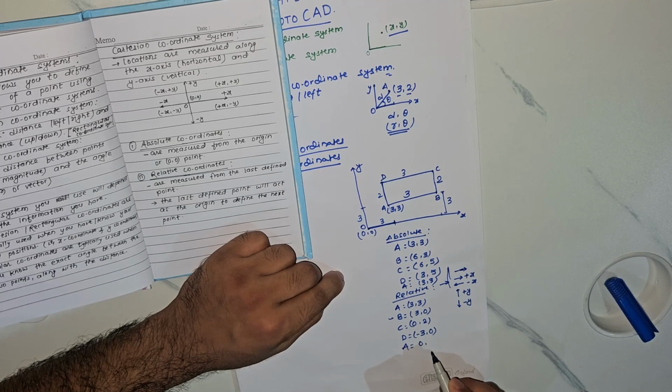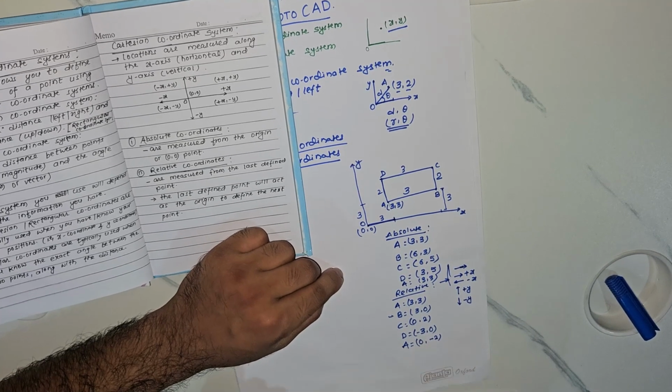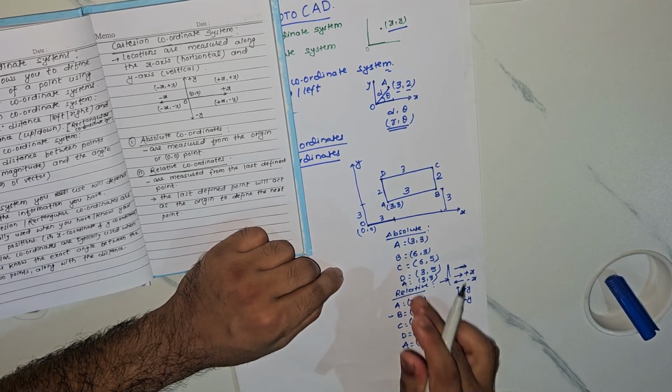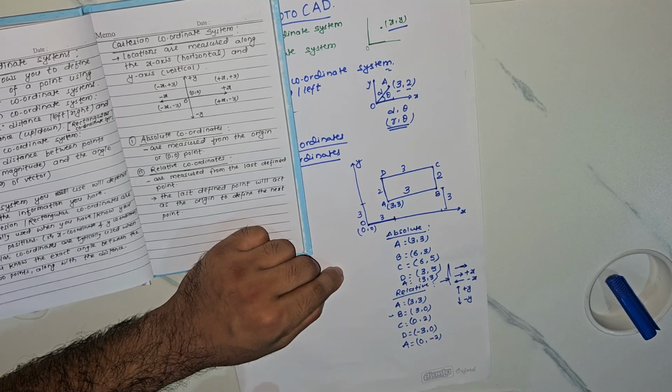So the x will be 0 and the y distance will be minus 2. See, this 3 comma 3 and 0 comma minus 2 are both different. So this is the difference between the absolute and relative coordinate systems.